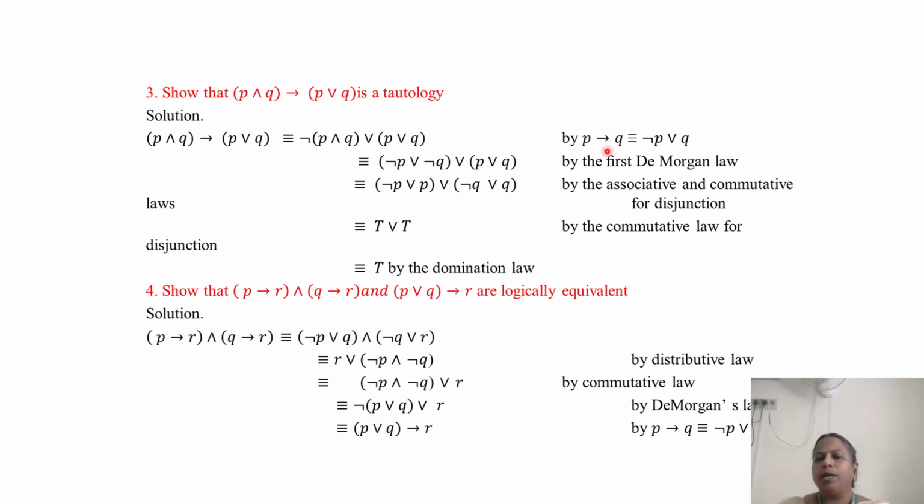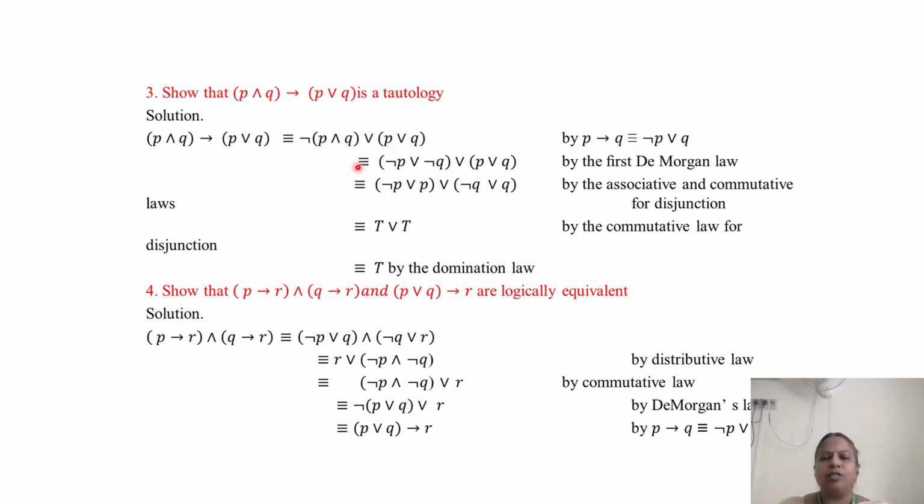We know that P conditional Q is equivalent to negation P or Q. So we take negation of the first statement, P and Q, or the second statement. In a conditional statement P conditional Q, P is called the antecedent, Q is called the consequent. So here the antecedent is P and Q. So negation of P and Q, or P or Q.